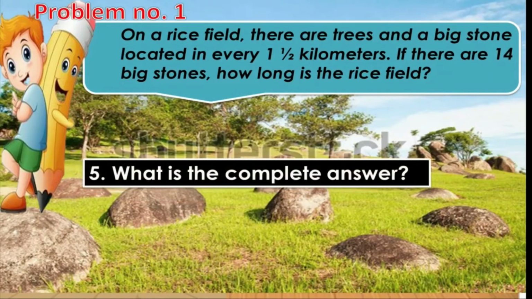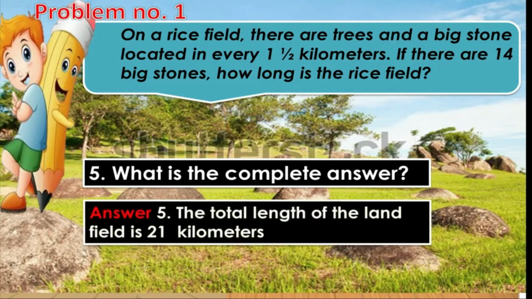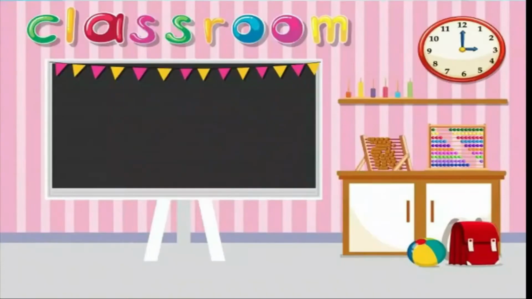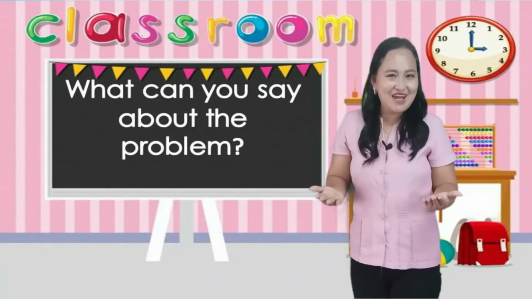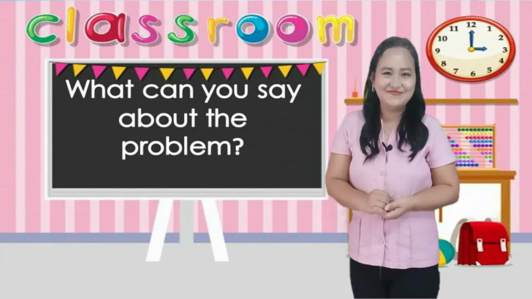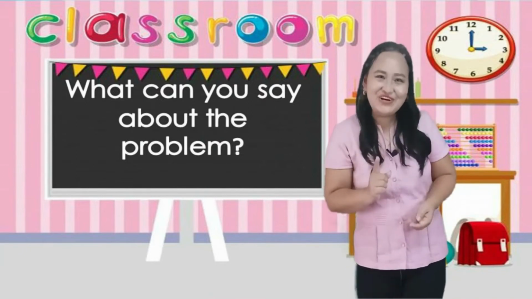Okay, what is the complete answer? What is your answer? Very good. The answer is the total length of the land field is 21 kilometers. What can you say about the problem? Very good.